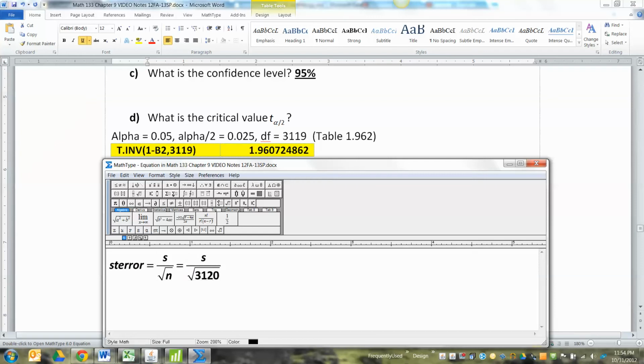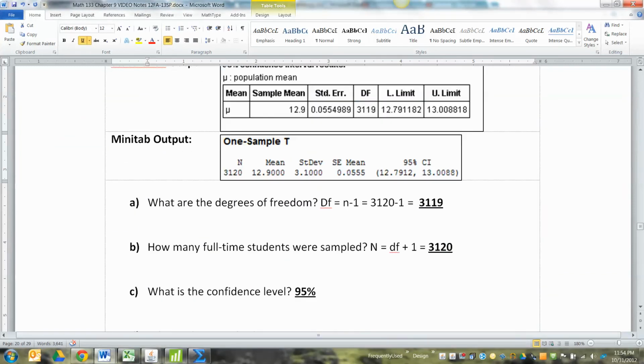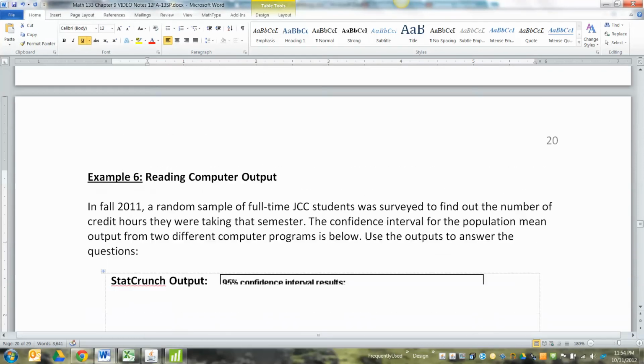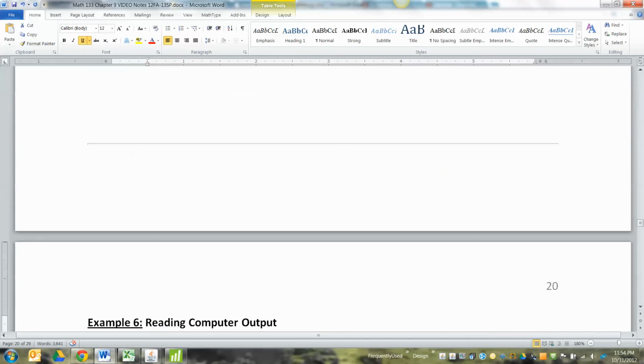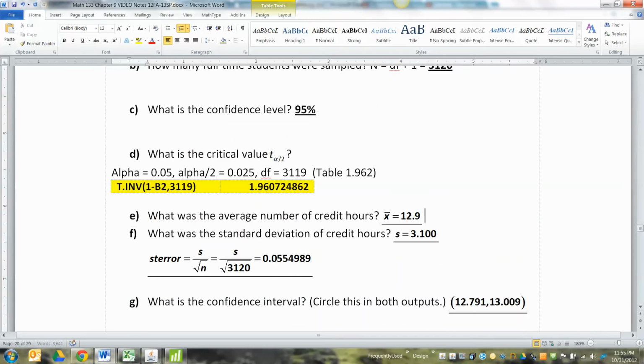And we know that according to that StatCrunch output right here, it's 0.0554989. And you could use a calculator, find what the square root of 3120 is, and multiply both sides by that. And you could find S that way. So it would be a harder question to do if you were just given StatCrunch, but you could still do it, even with just a basic calculator.